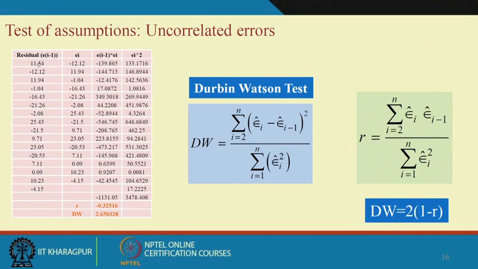Here these are the residuals, and we created E i minus 1 and E i. Using this formula we found the R value, which is minus 3.33, and the Durbin-Watson test value is 2.65.